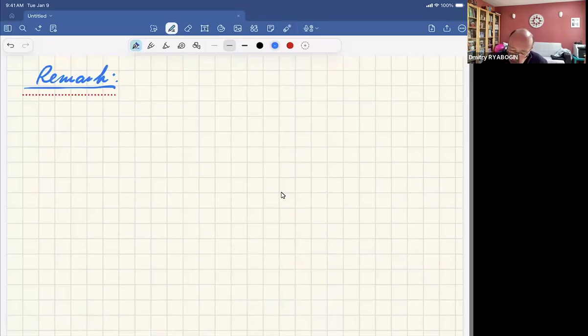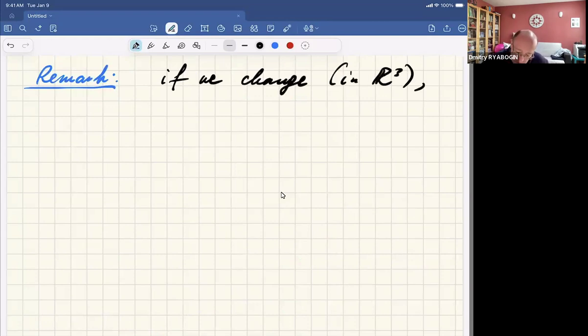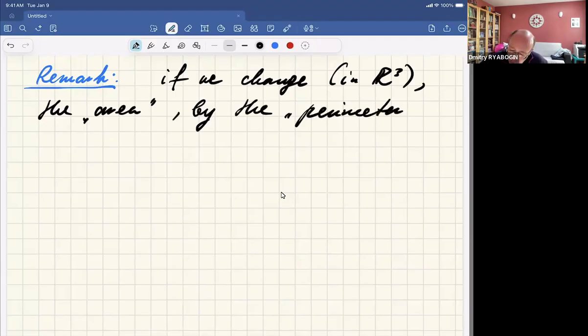If we change, say in R3, the area by the perimeter, in a moment I'm going to be more specific, then the question is open.